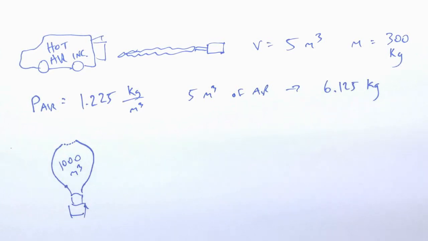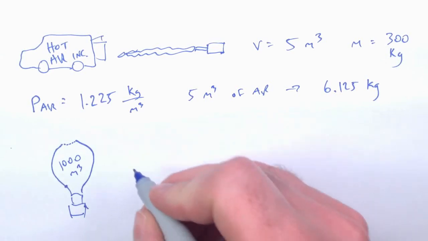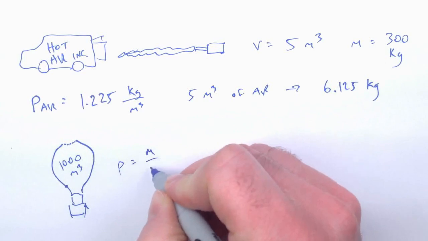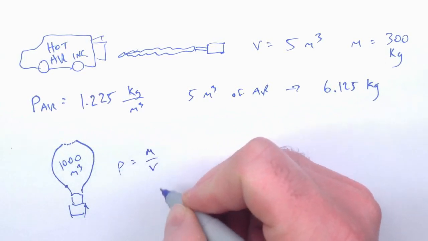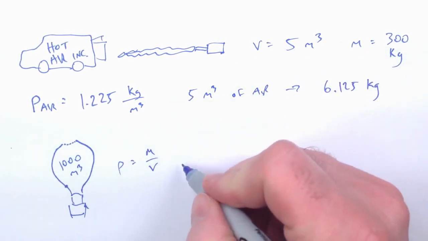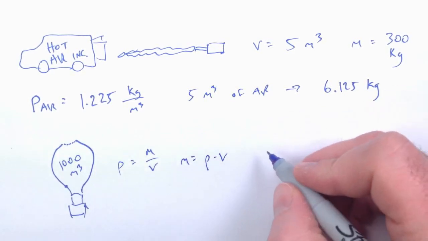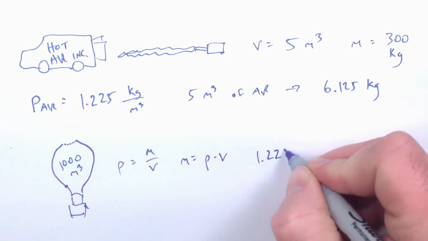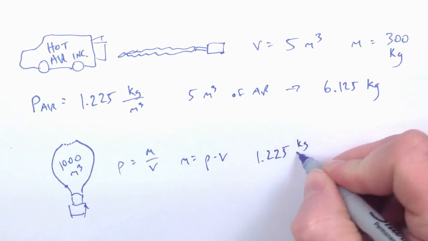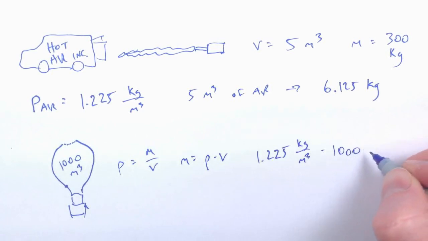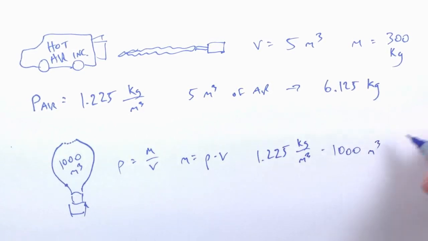So how much air is that? If it's 1,000 meters cubed, okay, so density is equal to mass divided by volume. So if we're trying to get a mass like we did up here, mass is just equal to the density times the volume. So we've got density of air, 1.225 kilograms per meters cubed, times the volume, 1,000 meters cubed.